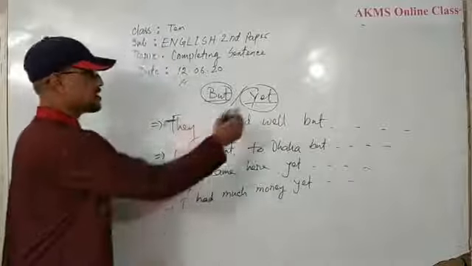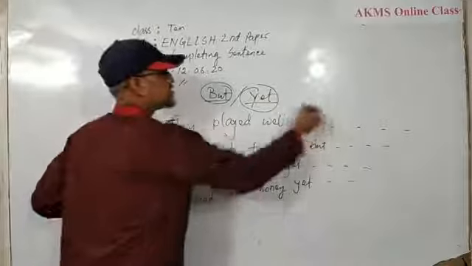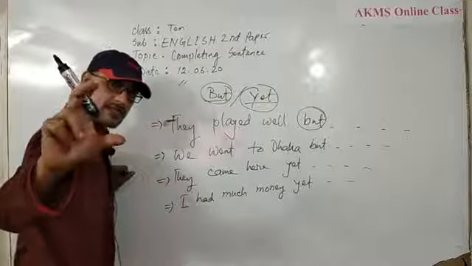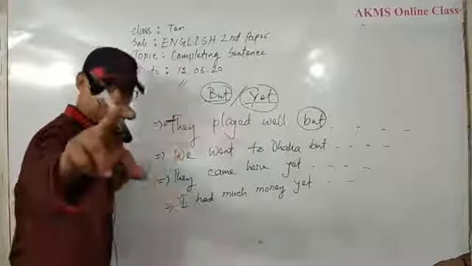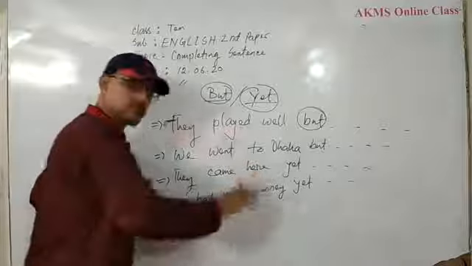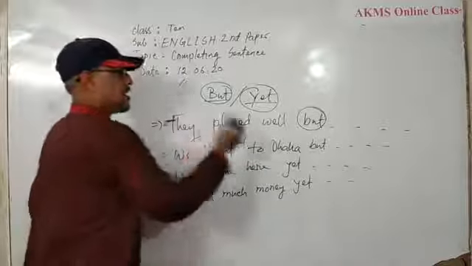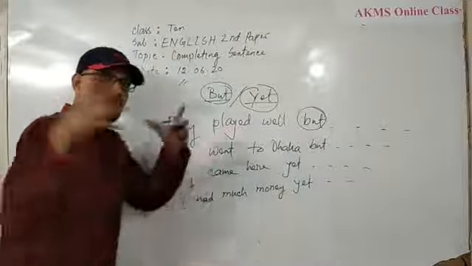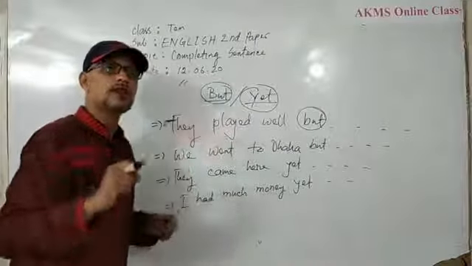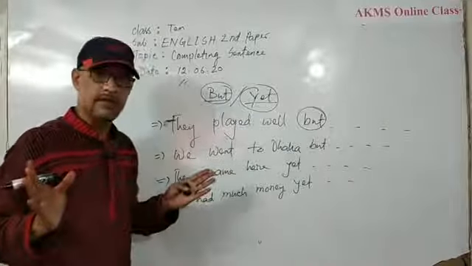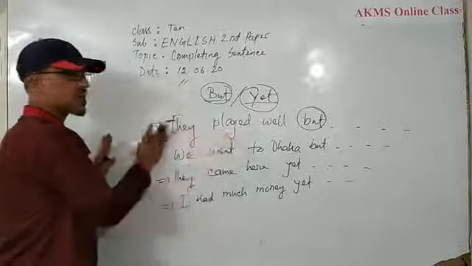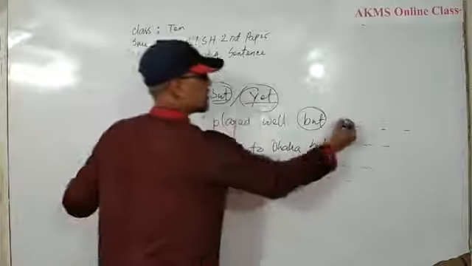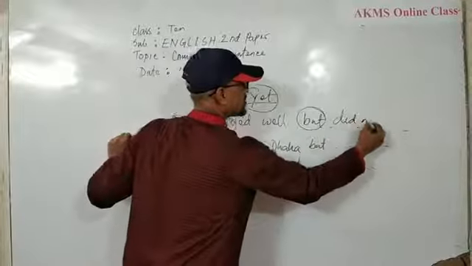Now dears, but is a conjunction that combines two clauses and makes a compound sentence. Yet is also. And but or yet will combine two clauses of opposite meaning. I have written the first action here.